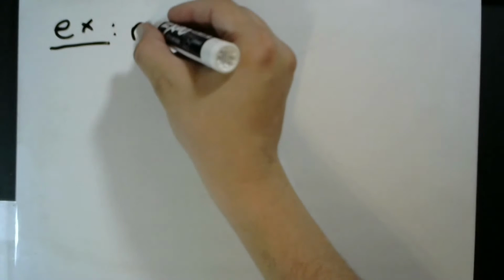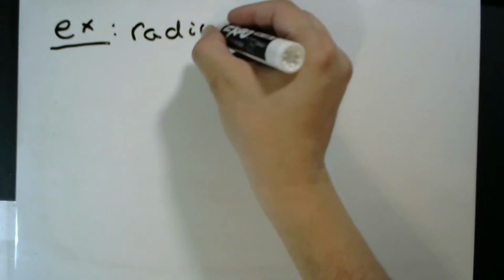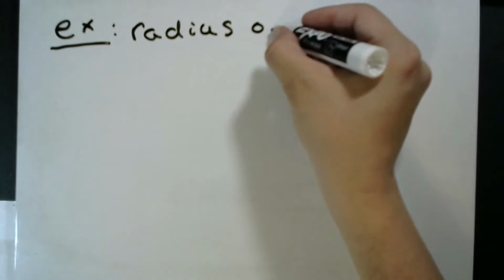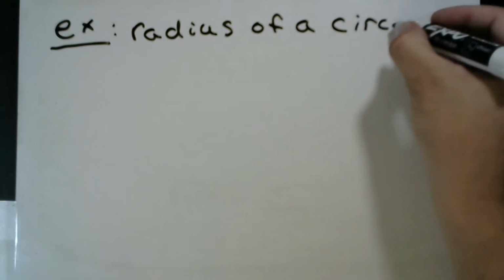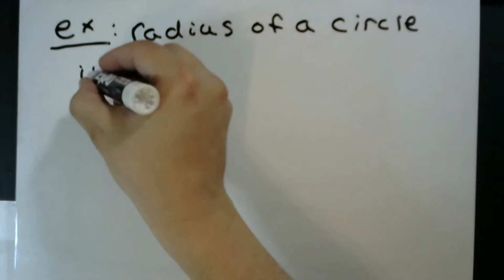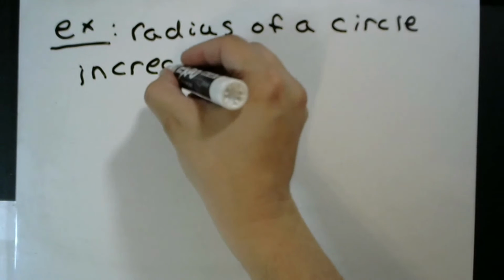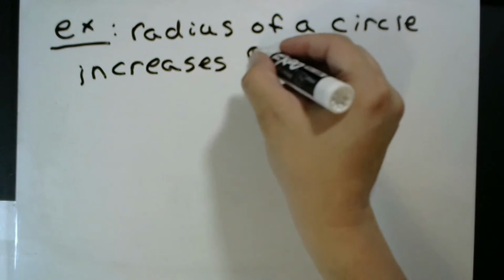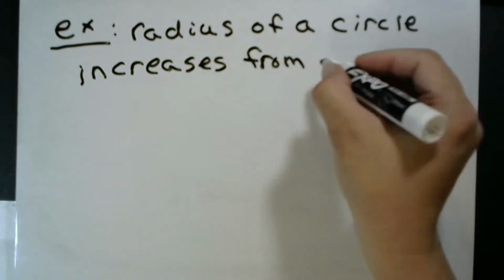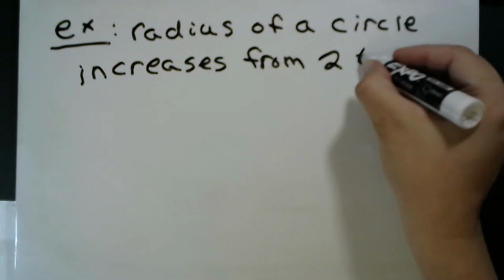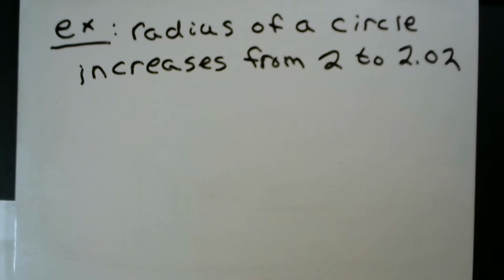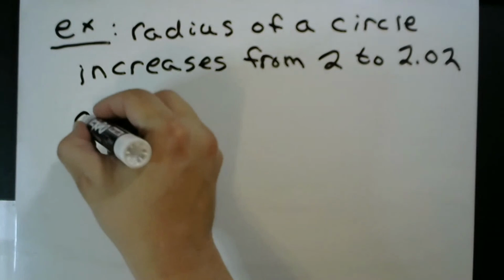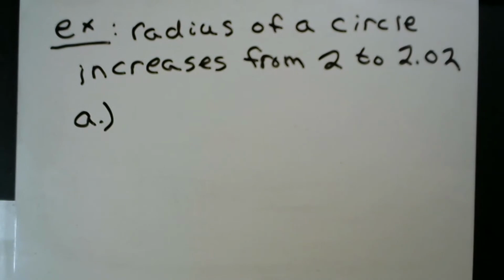So the radius of a circle increases from 2 to 2.02. So what we're going to do is we're not going to find the change in area delta A exactly.